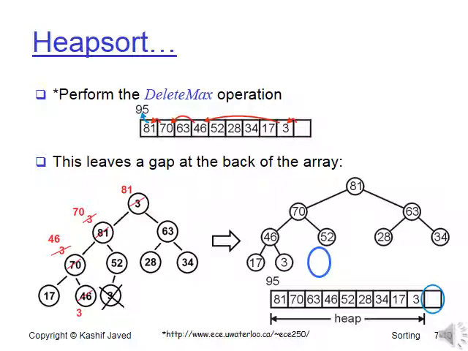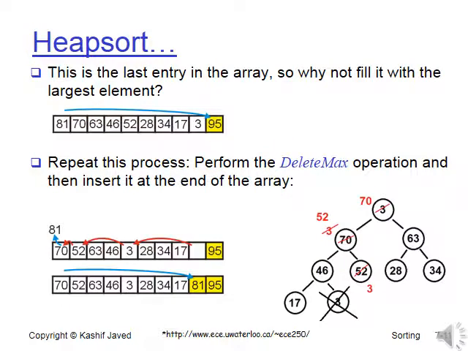Number 3 once again will be swapped by 46 since 46 is larger than 17. As I mentioned in the previous slide, the last entry in the array is filled with the largest element, in our case 95.